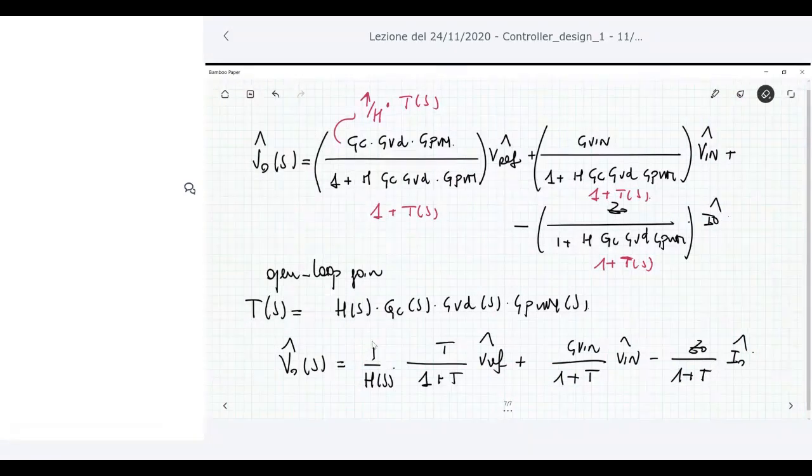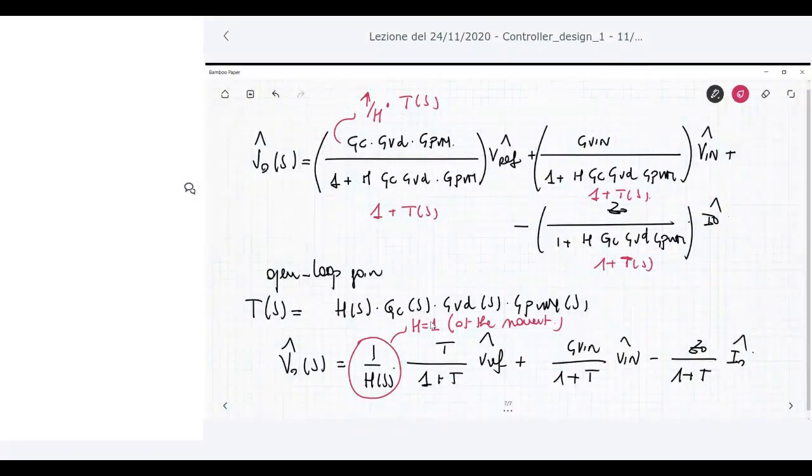For now, the gain of the sensor can be set to 1, just not to complicate too much. H equals 1 at the moment.